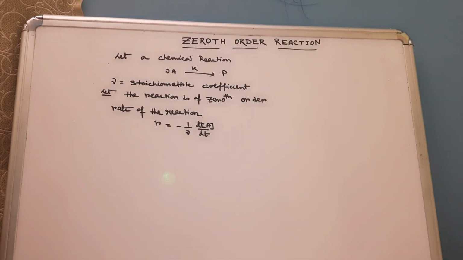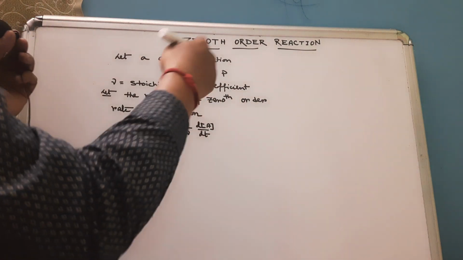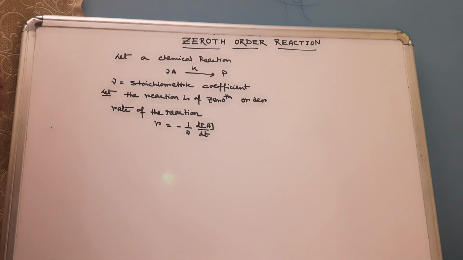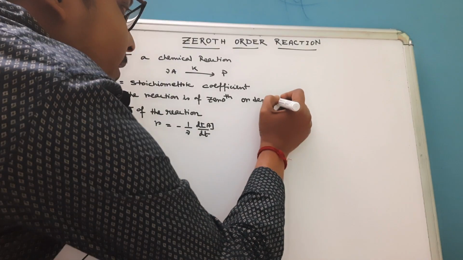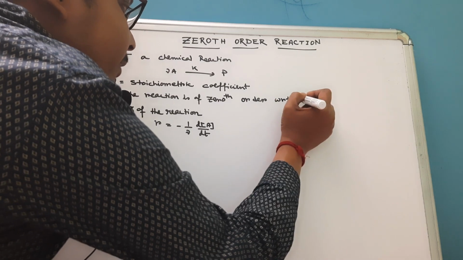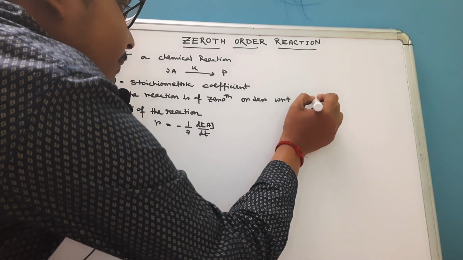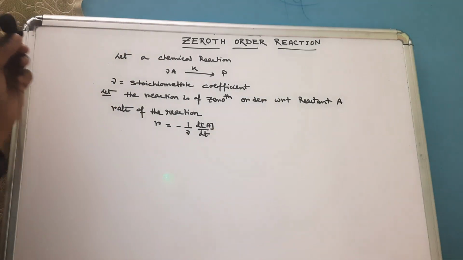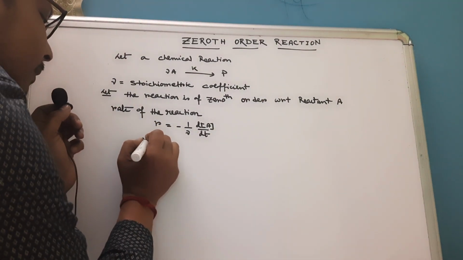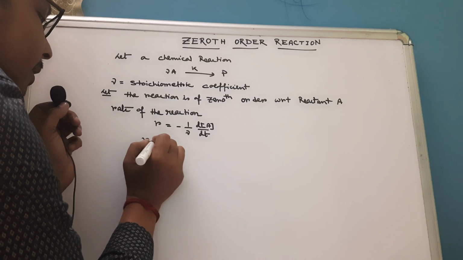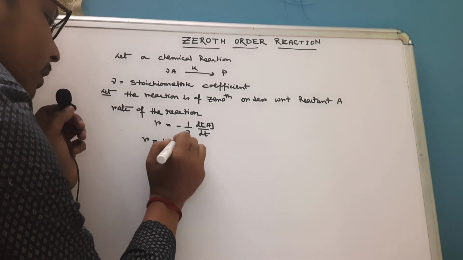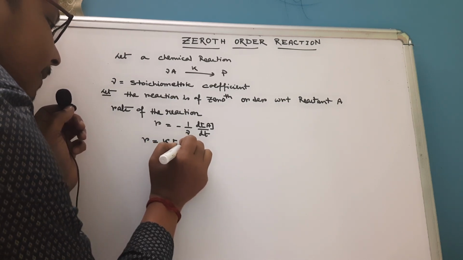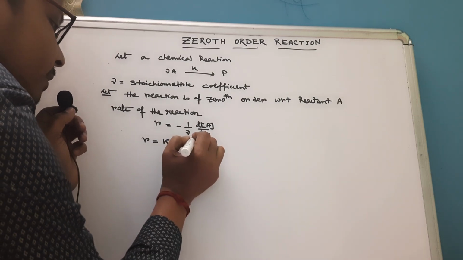And mind it, we assume that the reaction is zeroth order with respect to reactant A. So R equals K into A to the power 0.